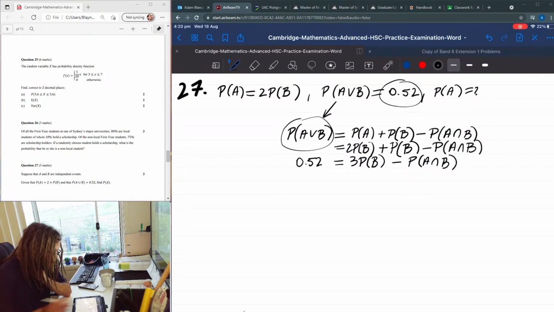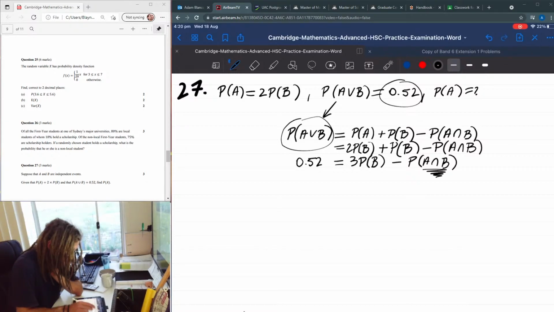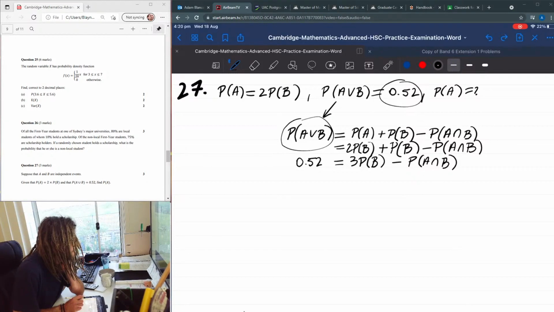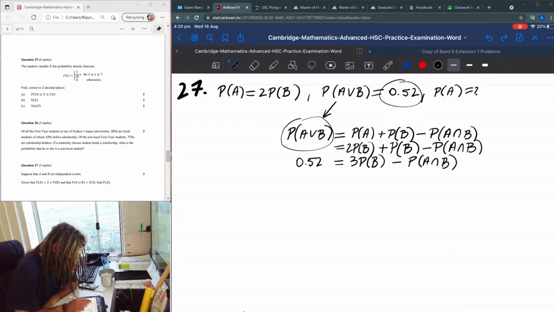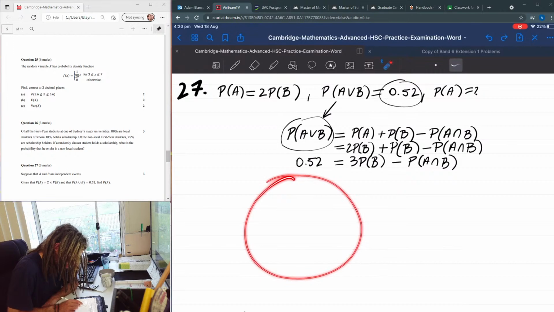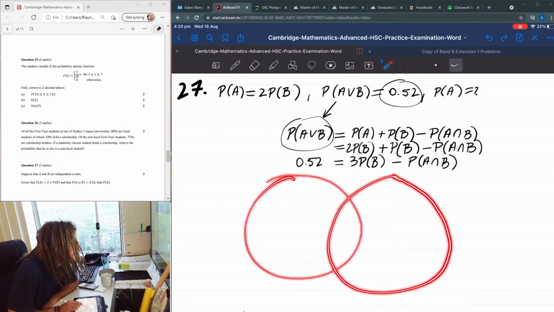Okay, I feel like I'm going to need to do something with this. What else does the question tell me? Oh, okay. Remember before when I drew this, the question tells me they're independent.